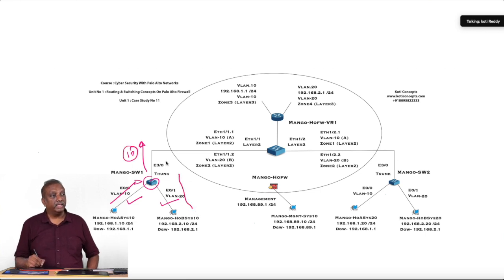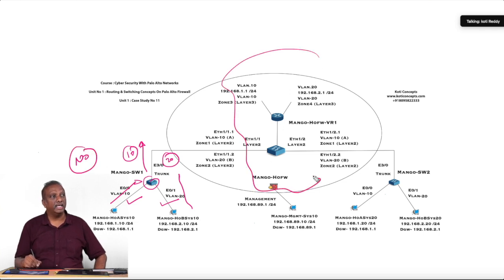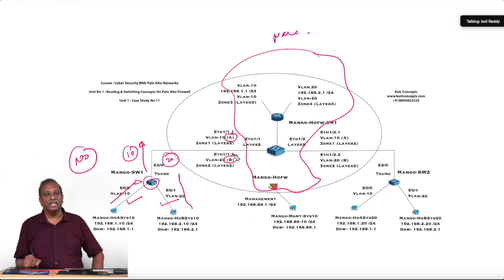In the Cisco environment, the VLANs are identified by a number, whereas in the Palo Alto environment, the VLANs are identified by a name. I want to identify VLAN 10 as A, VLAN 20 as B. So how do I map that?